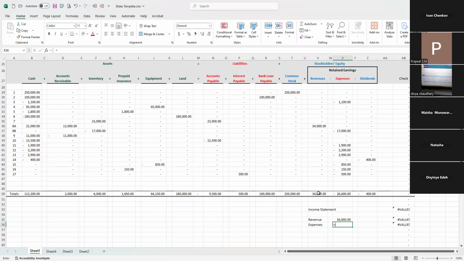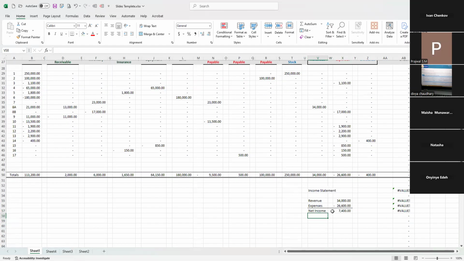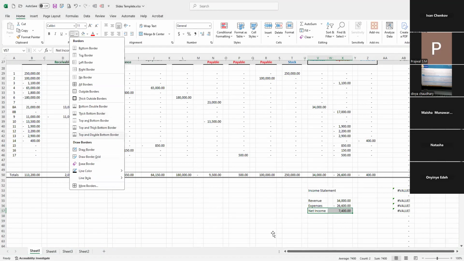Do I know my expenses? 26,000. Do I know my income? Revenue minus expenses. How much is it? 7,400. Can you see it? Yes. So we get the first number.